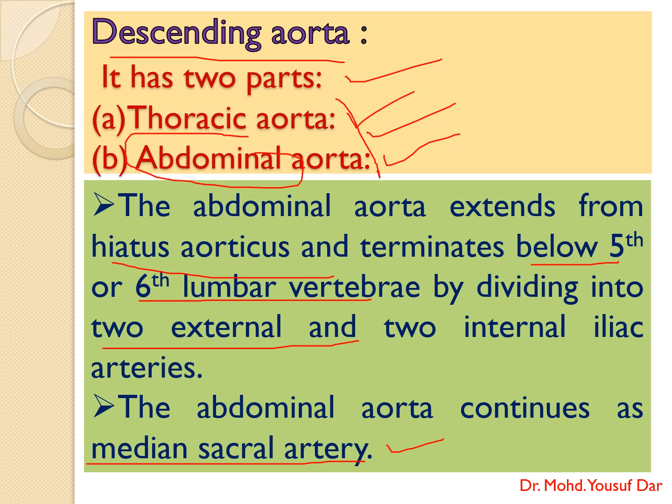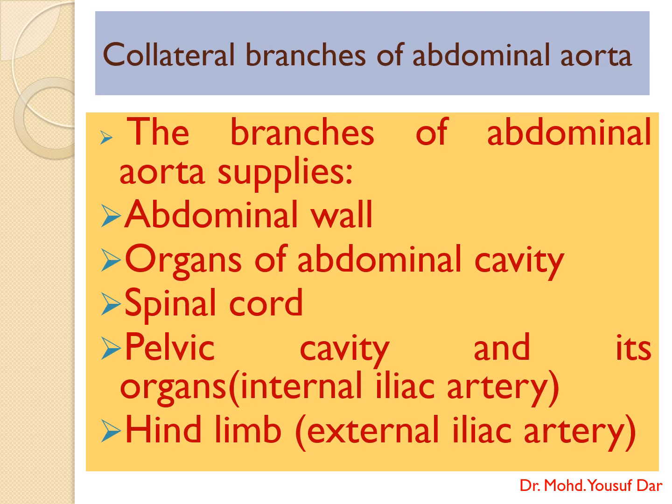That means it divides into two external and two internal iliac arteries. The external iliac arteries supply the hind limb, while the internal iliac arteries supply the wall of the pelvis and the viscera. Then after giving the two external and two internal iliac arteries, the abdominal aorta continues as the median sacral artery.